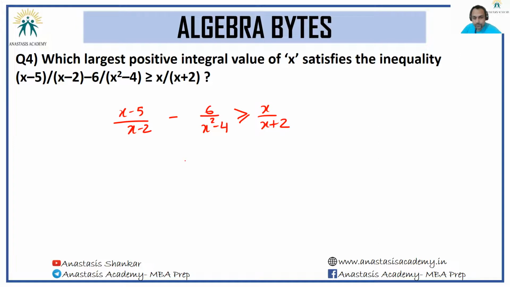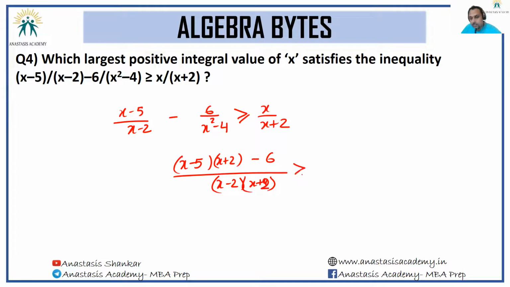So we'll get x minus 5 into x plus 2 minus 6 upon x minus 2 x plus 2 is greater than equal to x into x minus 2 upon x minus 2 and x plus 2.